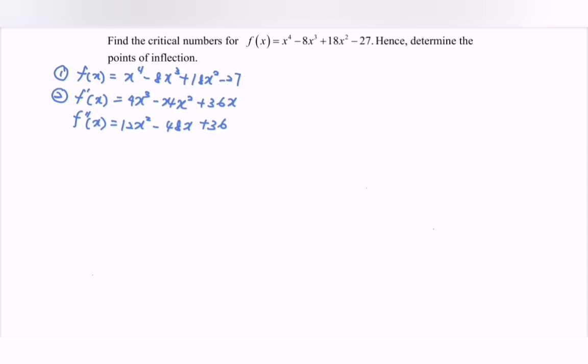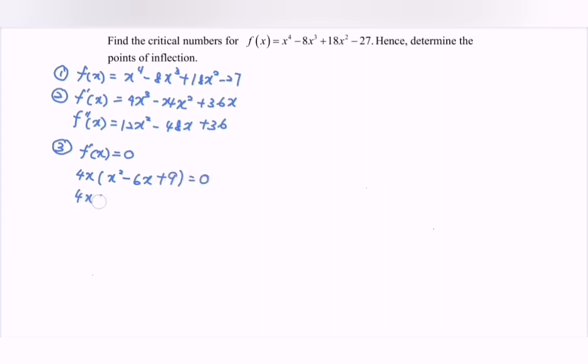Next, number 3 is to find the critical numbers. So we have f prime x equals 0. So kindly factor out the x and also the 4. So 4x bracket, we have x squared minus 6x plus 9 equals 0.